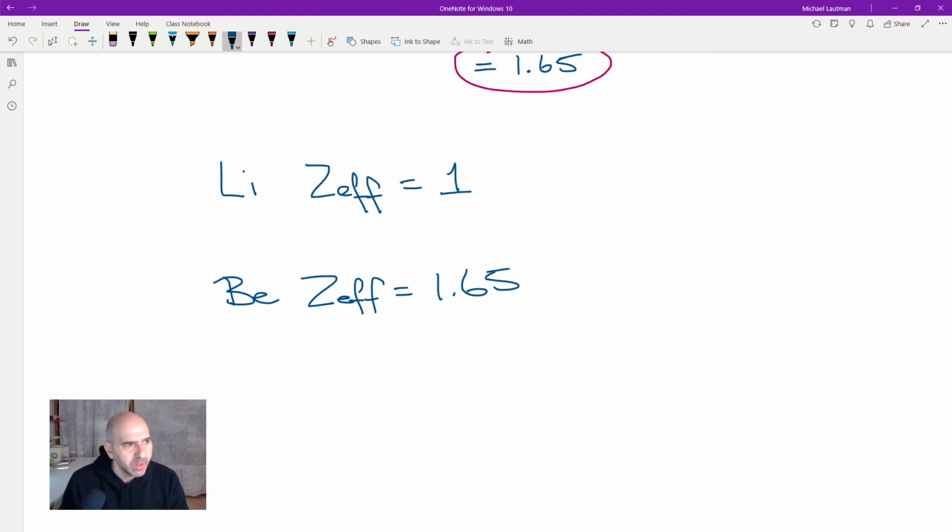Now, we know that the energy of attraction is proportional to the product of the charges over the square of the distance. If the charges increase, so the attraction is greater, the radius will decrease. A greater attraction means a smaller radius.